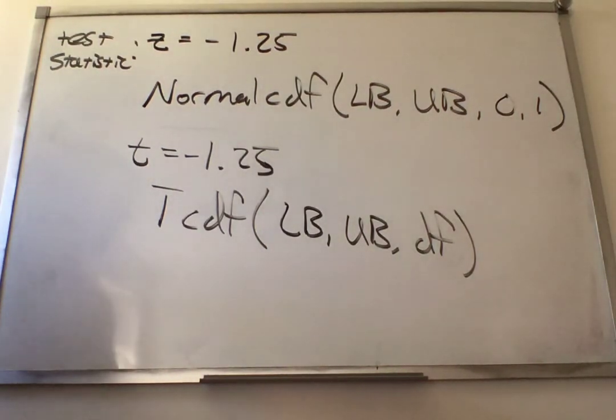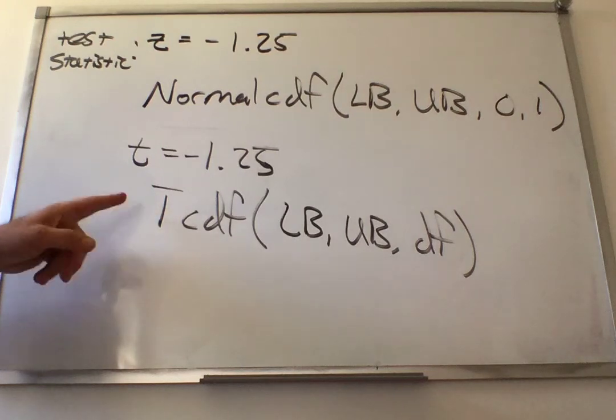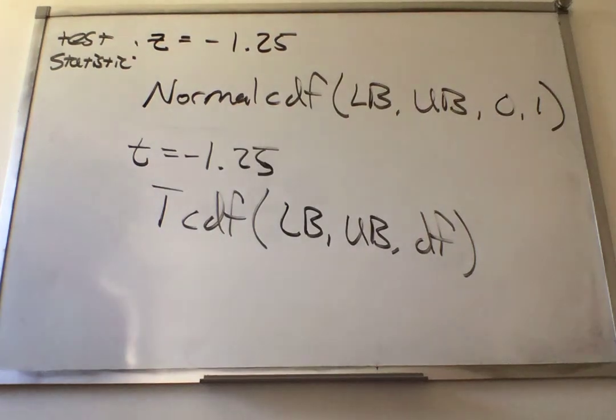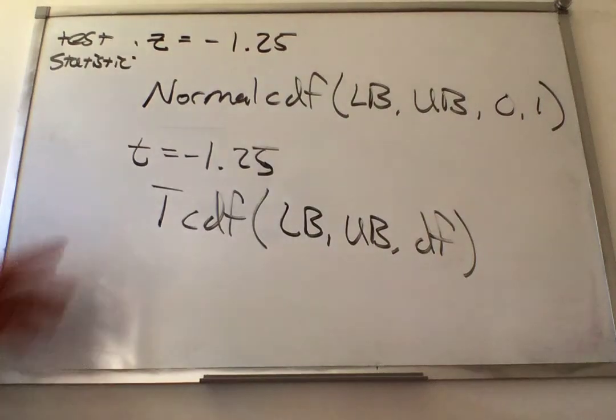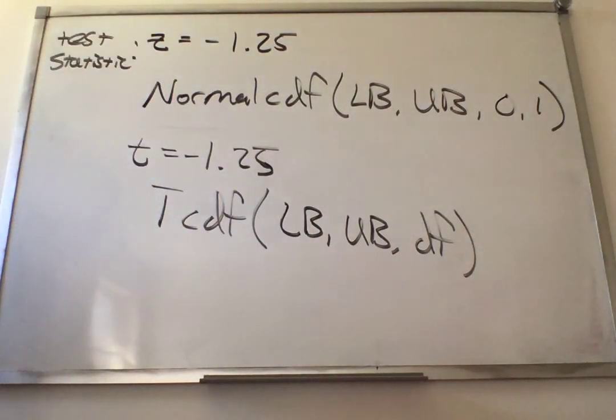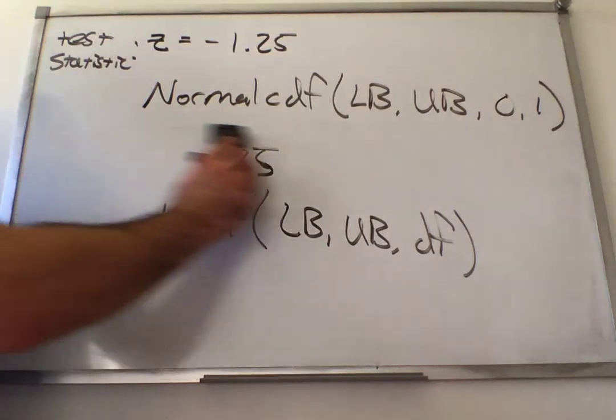Now, some of you may not have t-CDF on your calculator, and you'd have to use a table. If you go back to the confidence interval videos, I showed you how to use a table when you have your t-values and you look at your degrees of freedom and whatnot.